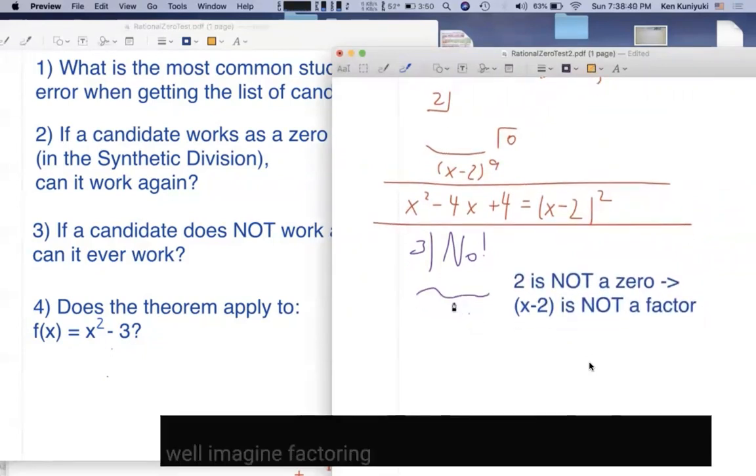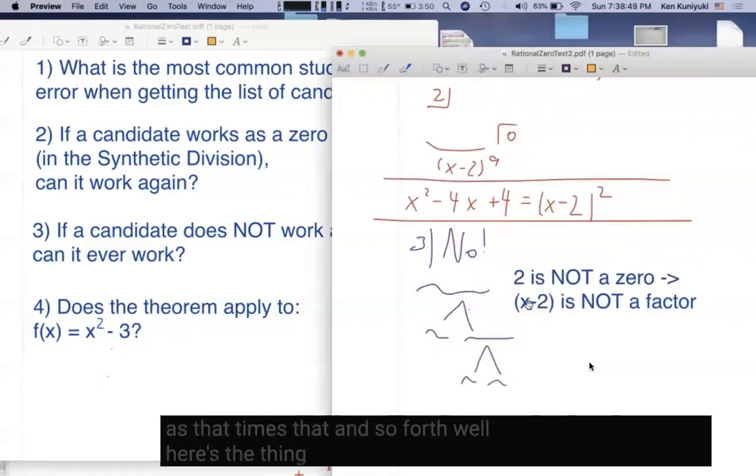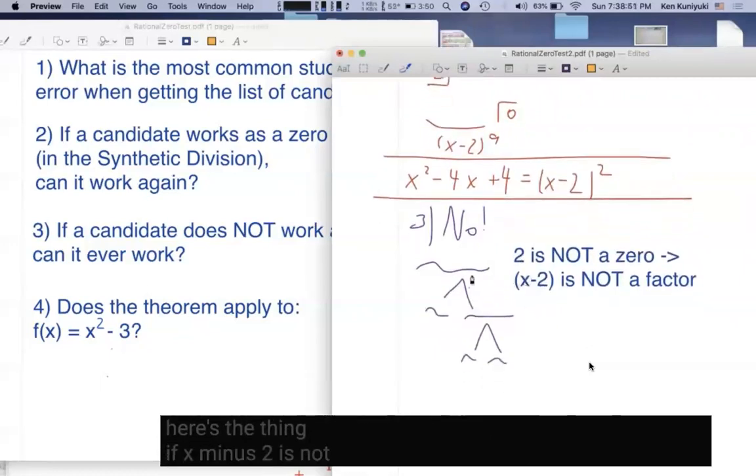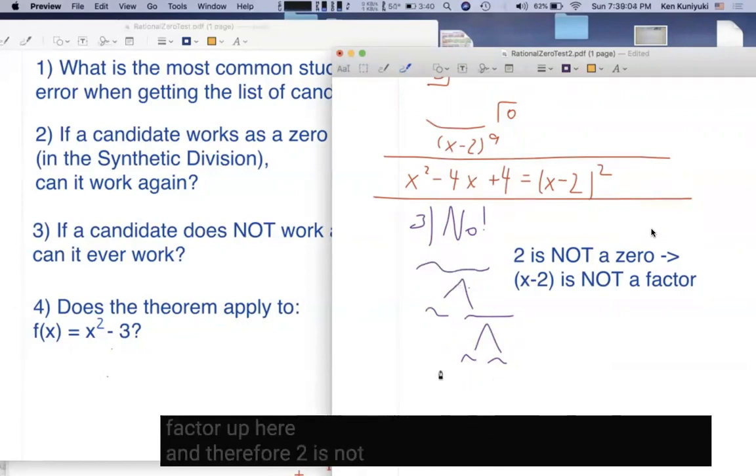Well, imagine factoring this thing further over the reals. That times that, and then this may factor as that times that, and so forth. Here's the thing. If x minus 2 is not a factor of the big guy, it's not going to be a factor of any of these smaller, lesser degree guys down here. So if 2 is not a 0 up here, x minus 2 is not a factor up here, and therefore 2 is not a 0 down here, anywhere. x minus 2 is not a factor for any of these guys down here either.